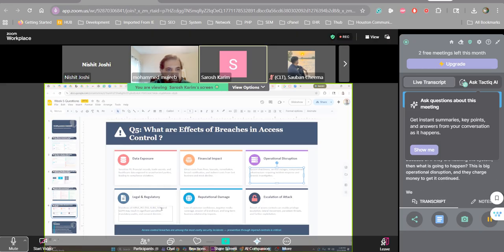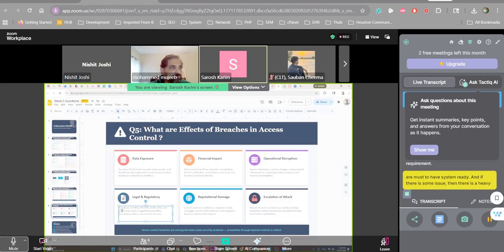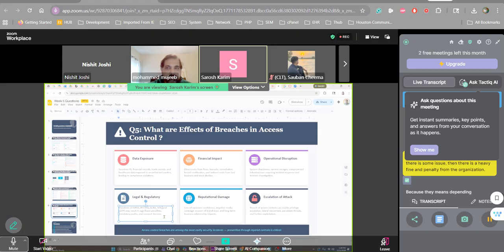We discussed this before also. Then legal and regulatory requirements. All these requirements are a must to have the system ready. If there is some issue, then there is a heavy fine and penalty on the organization, because, depending on the business, they are supposed to implement and safeguard all these rules and regulations. So that is your legal and regulatory.